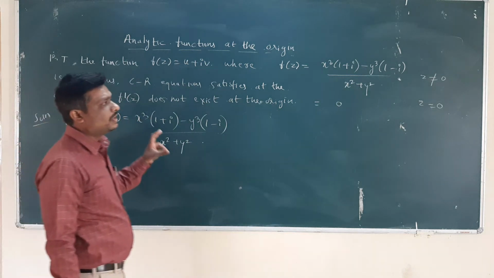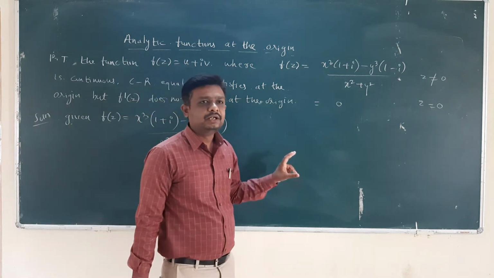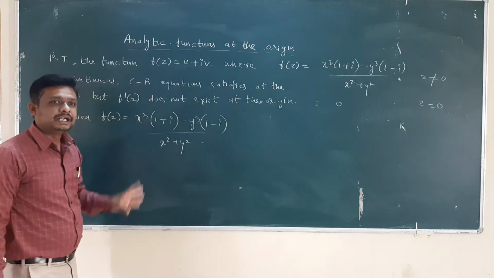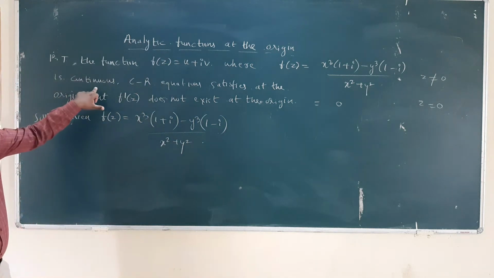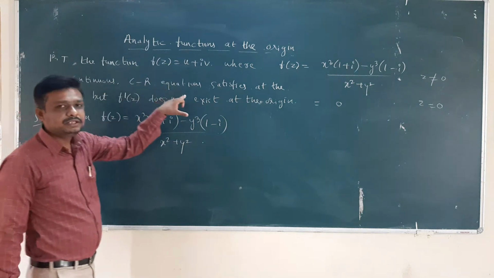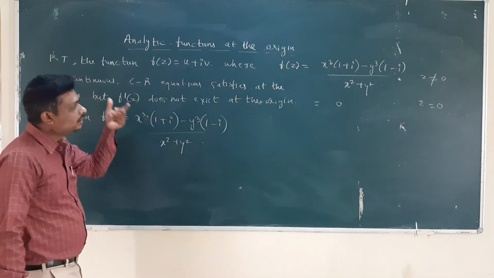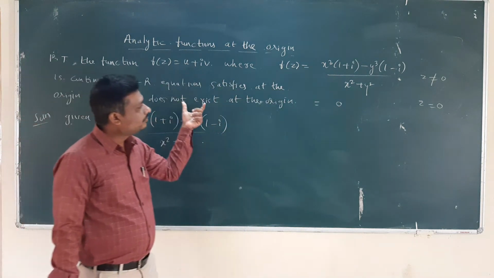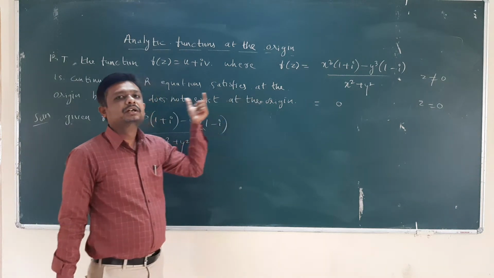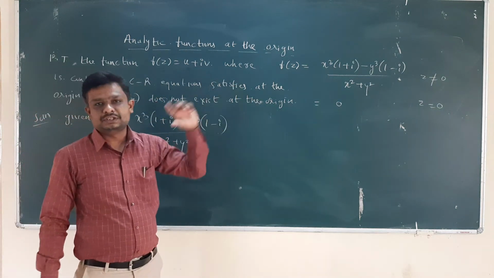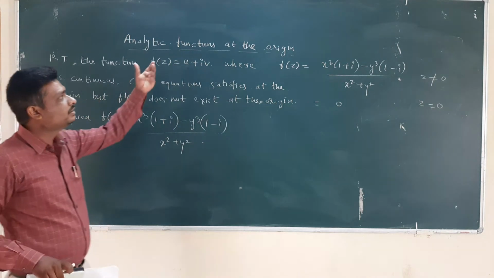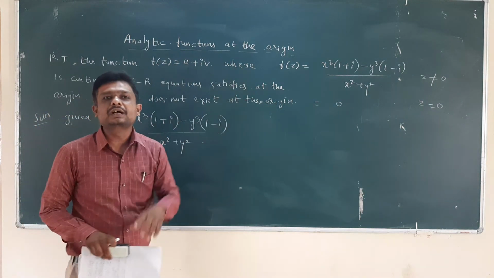If you want to prove the function is an analytic function, it should satisfy three conditions: first, continuity; second, the CR equations; and third, differentiation. So here in this example, we have to prove the function is not differentiable, though obviously the function is continuous at the origin.